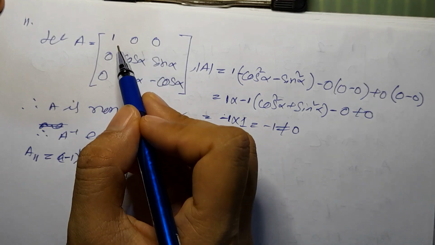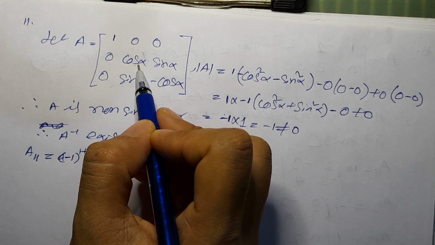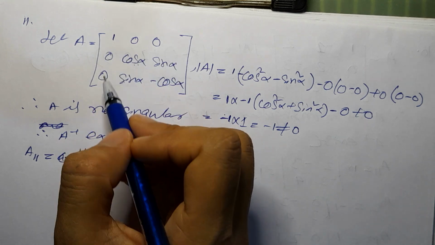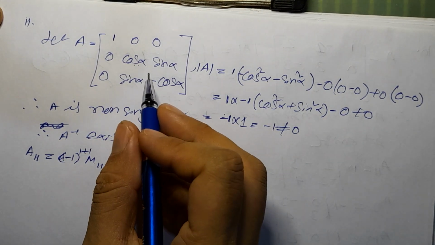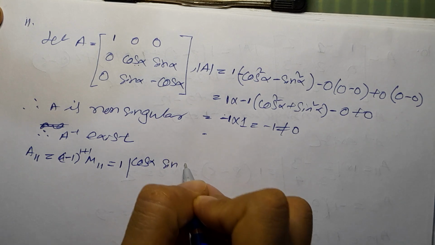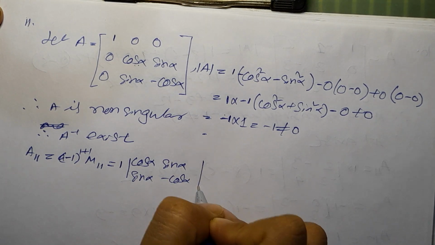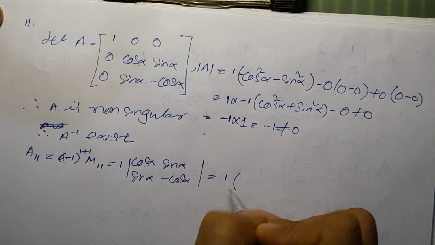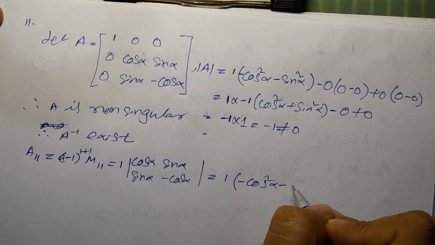Eliminate the first row and first column. So cos alpha, sin alpha, sin alpha, minus cos alpha. So it will give 1 times the bracket minus cos square minus sin square.